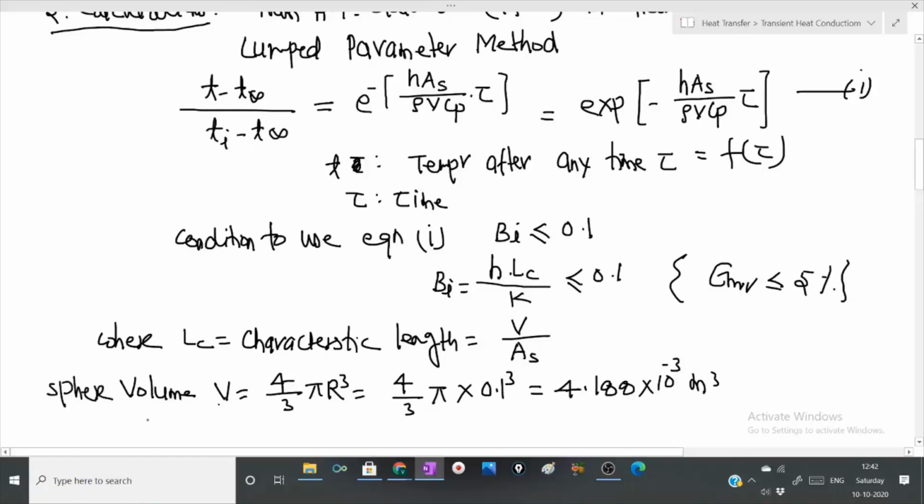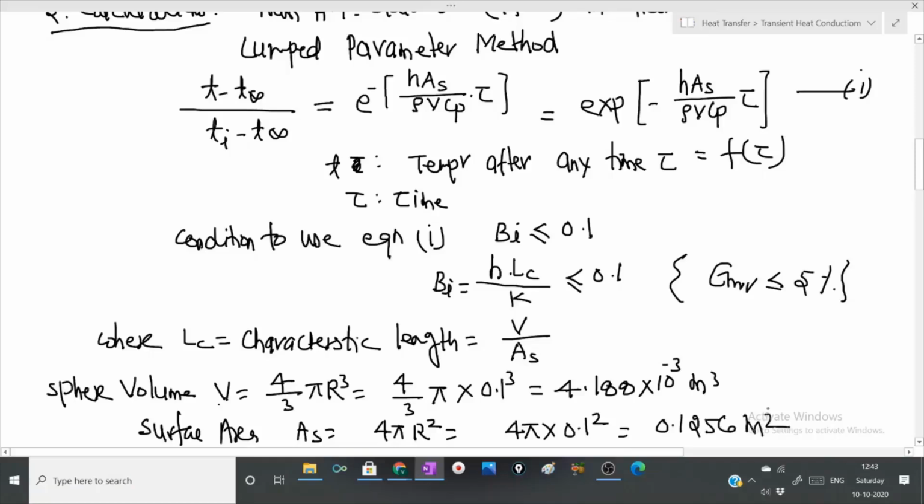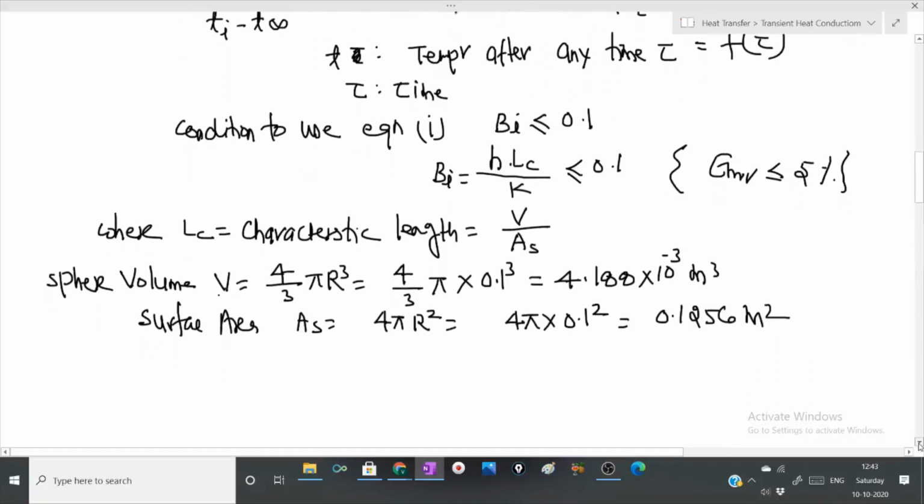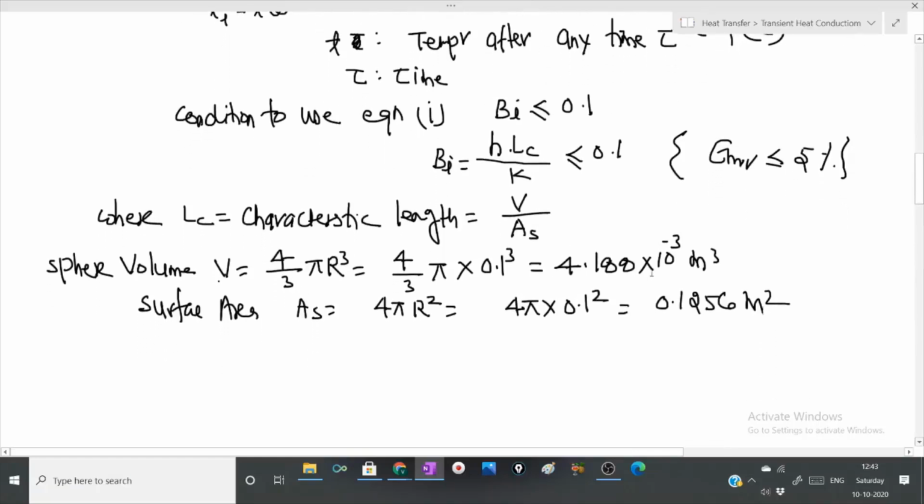And what will be its surface area? The surface area of a sphere will be 4 pi r square. 4 pi into 0.1 square, and this area comes out 0.1256 meter square. Please check this. If there is a discrepancy, turn on your mic and tell me.